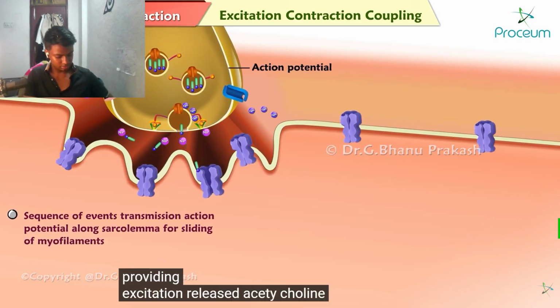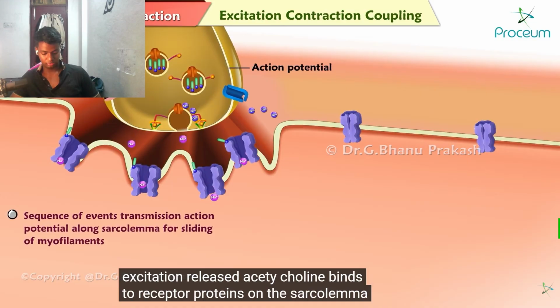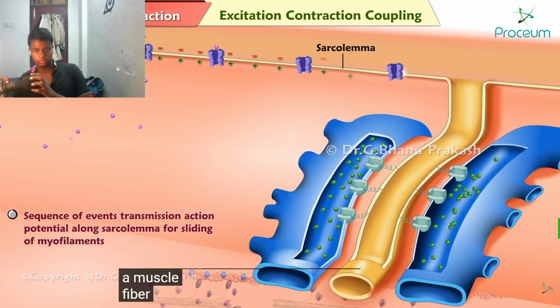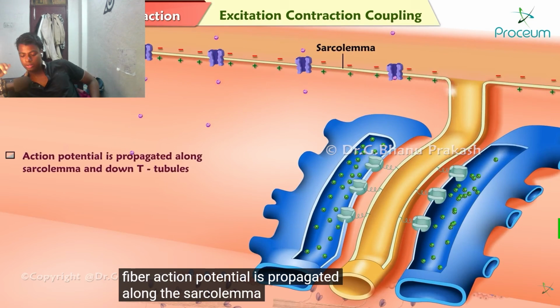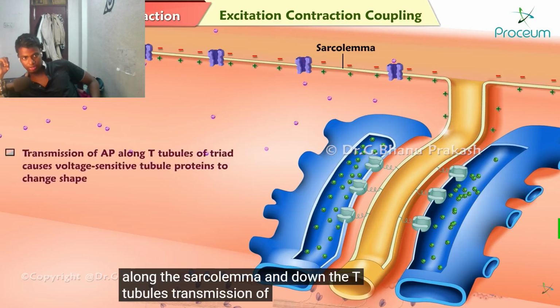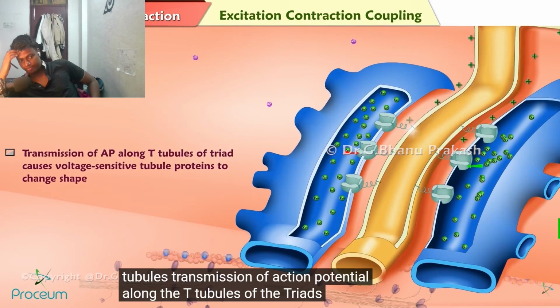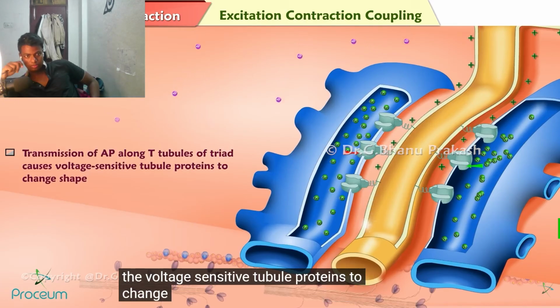Released acetylcholine binds to receptor proteins on the sarcolemma and triggers an action potential in a muscle fiber. Action potential is propagated along the sarcolemma and down the T tubules. Transmission of action potential along the T tubules of the triads causes the voltage-sensitive tubule proteins to change shape.